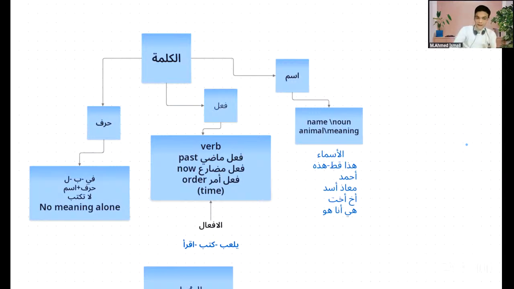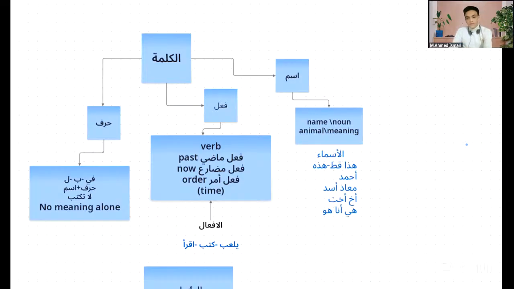And also we have the harf, the letter, and sometimes it is more than one letter, like fi or ala, but still it doesn't have a meaning by itself. So you should add it to another word to have a meaning. If you have it alone, there's no meaning for it.